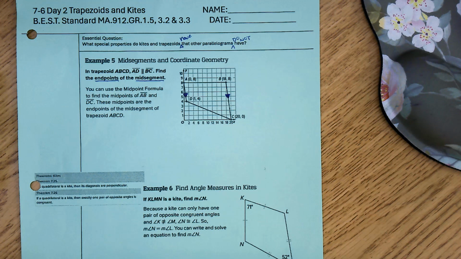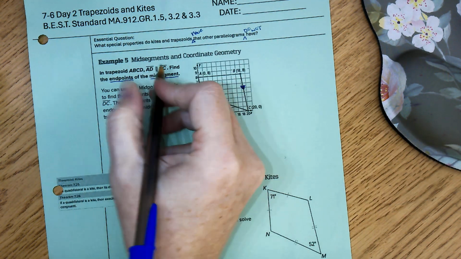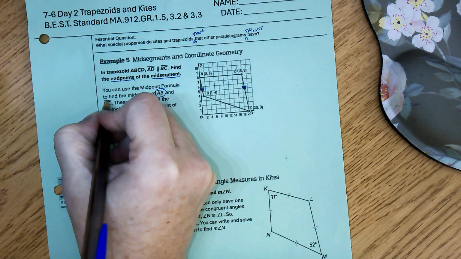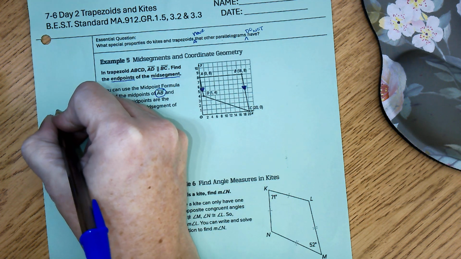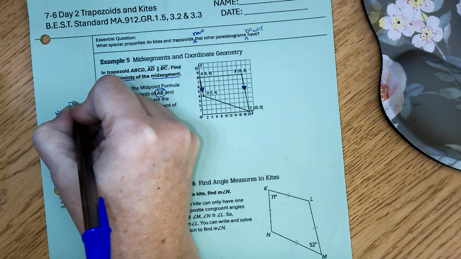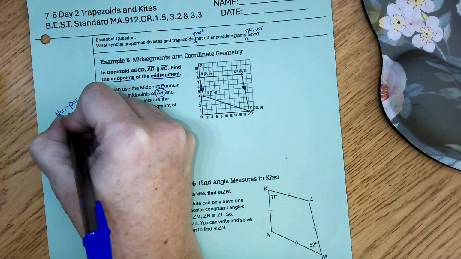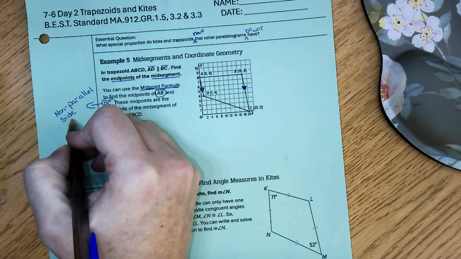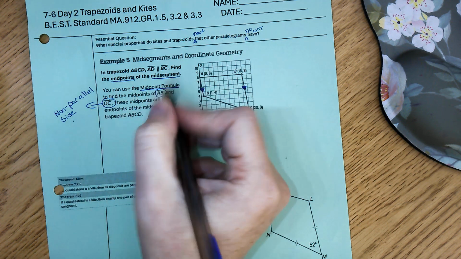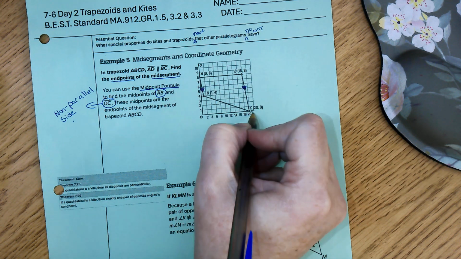So we are going to use our midpoint formula to find the midpoint of the non-parallel sides, AB and DC.